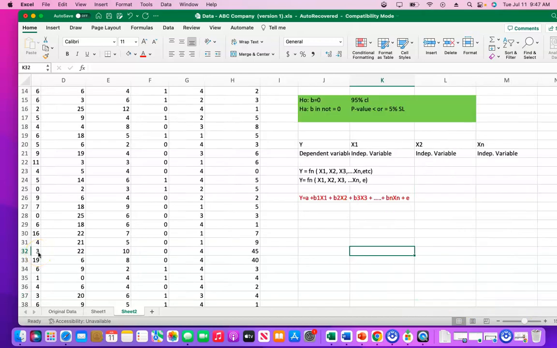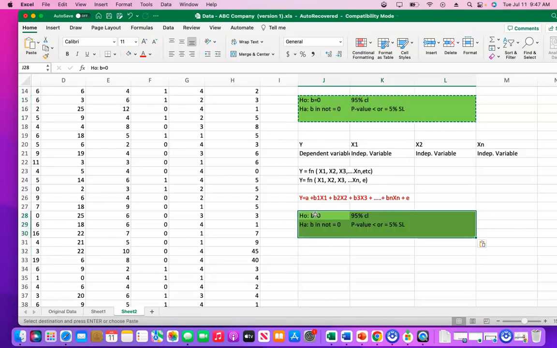So in order for us to run regression, we need to consider the hypothesis, and therefore we're going to use the same hypothesis testing that we considered for the simple linear regression model. And in this case, we're going to test all the slopes.